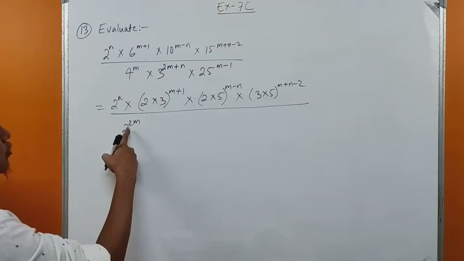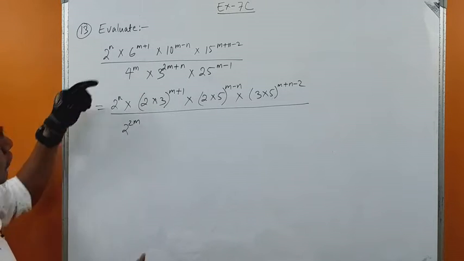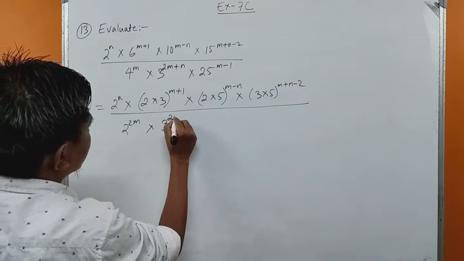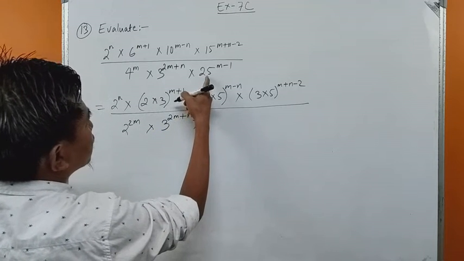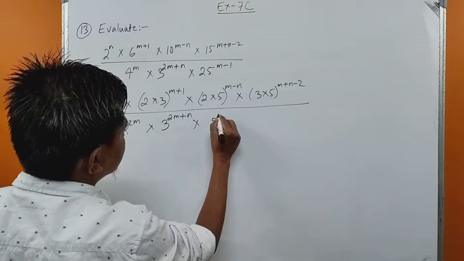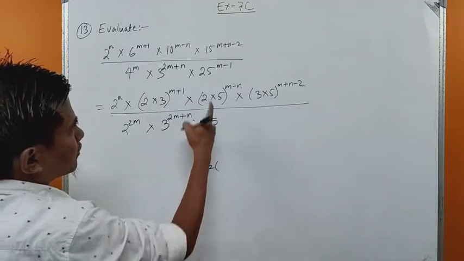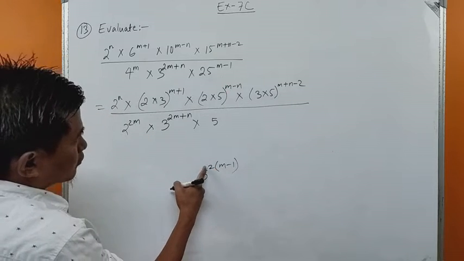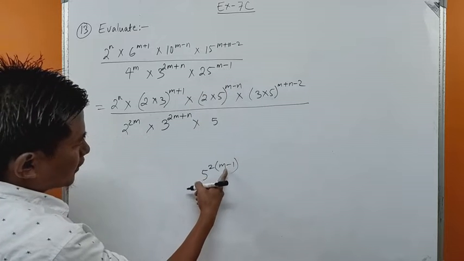So 2 to the power 2m, into 3 to the power 2m plus n, into 25, which is 5 squared, so the m minus 1 comes here. 5 squared is 25.